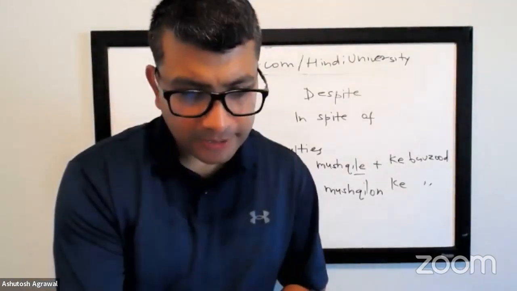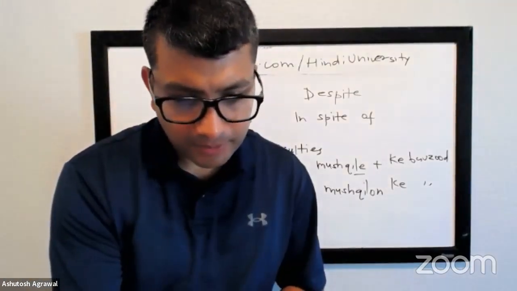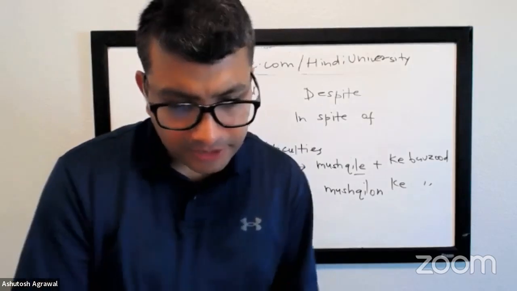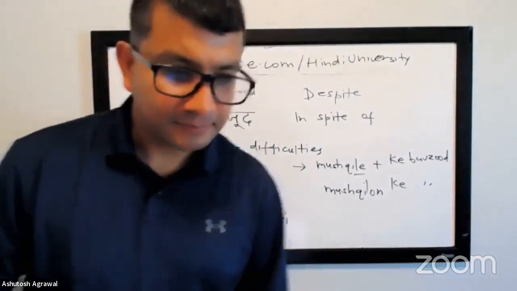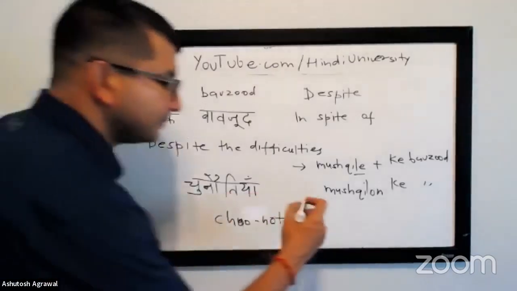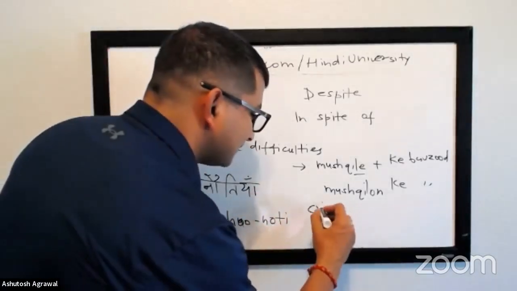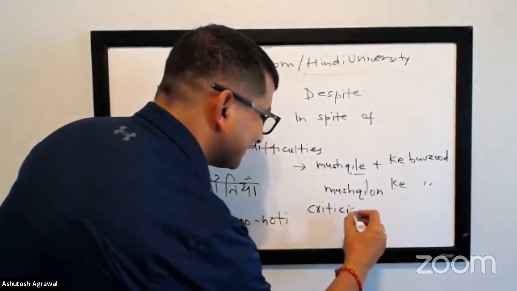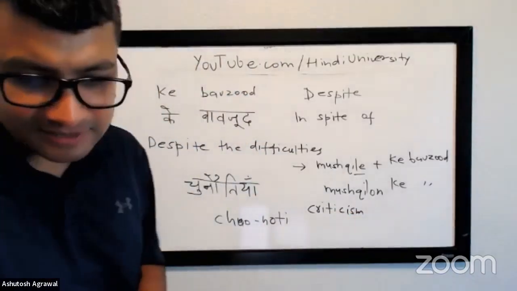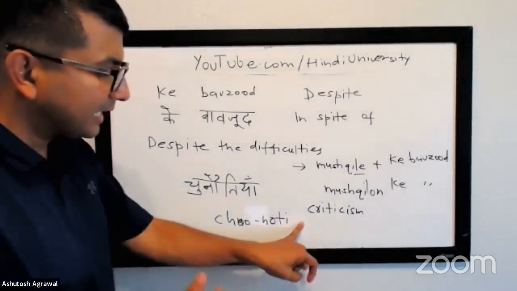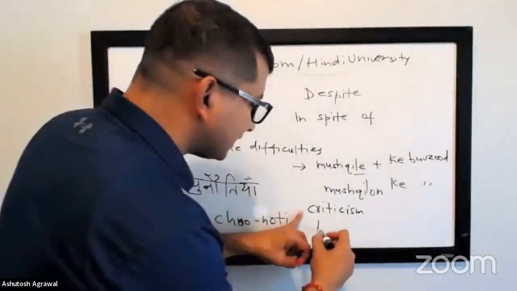Okay, let's see. Nandini ji, despite the criticism. I don't know criticism को हिंदी में क्या कहता है, मुझे पता नहीं. Okay, criticism के बावजूद. Anyone else would like to try what is criticism in Hindi?